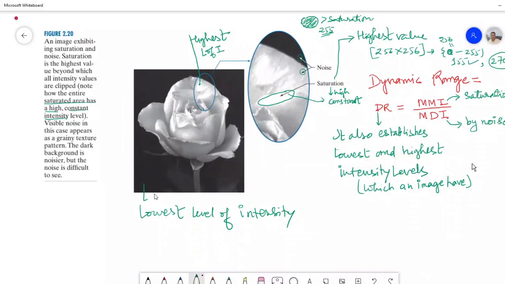Now, because the darker regions are composed primarily of pixels with the minimum detectable intensity, in the figure which I have explained, this is the noisiest part of the image. However, dark background noise typically is much harder to see.